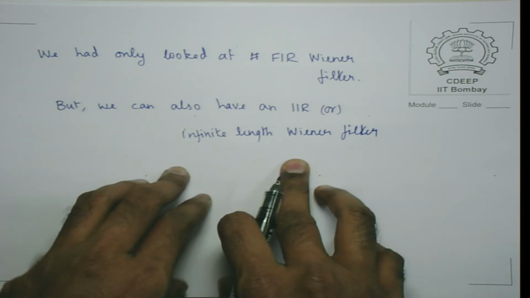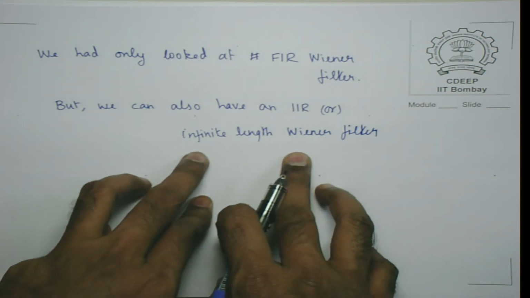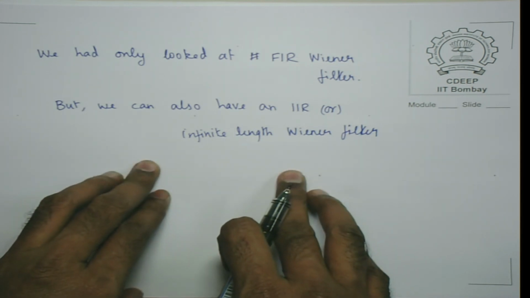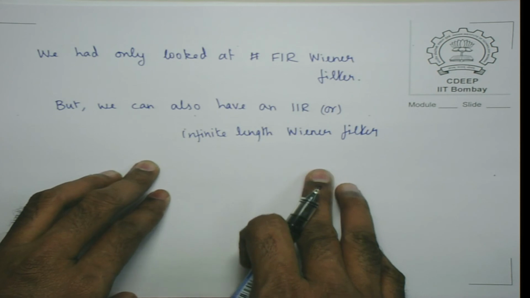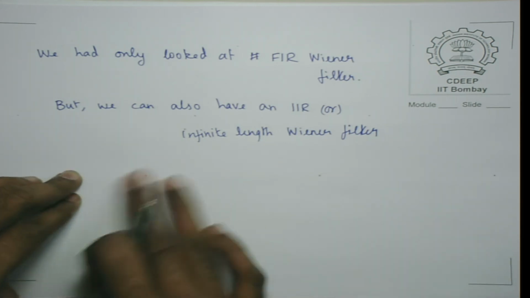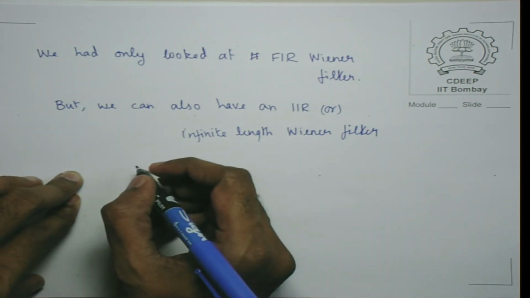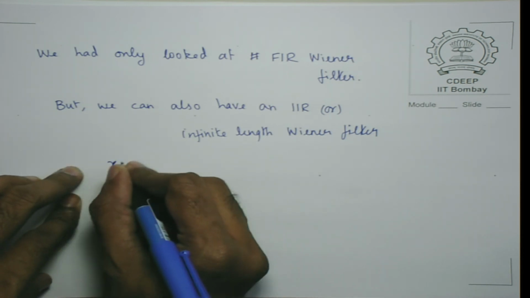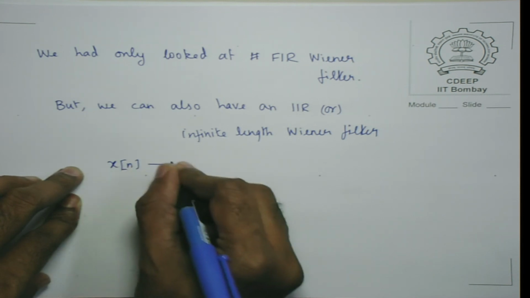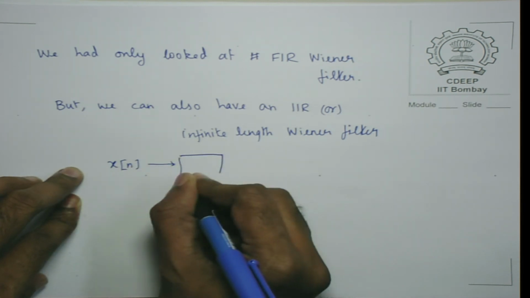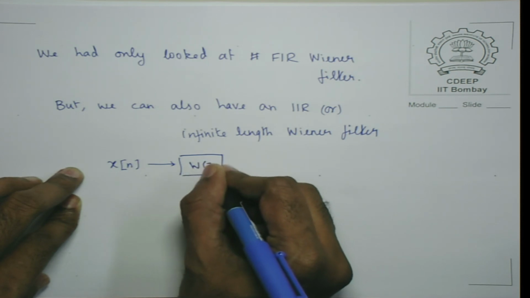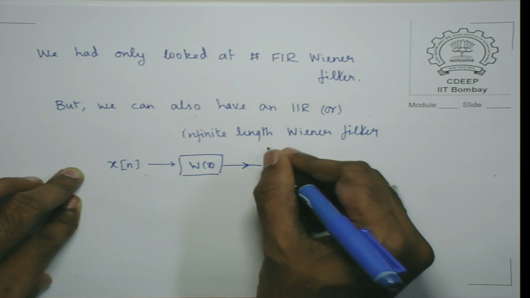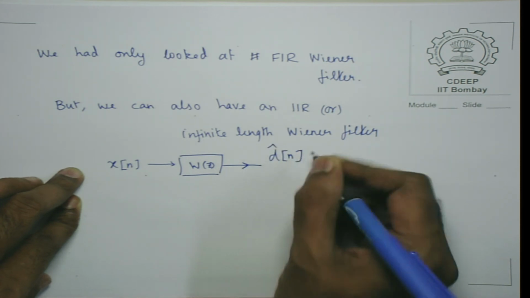So this is saying that we are relaxing the condition: instead of H being a finite length filter, we will have an H which is of infinite length. In this case, if you look at x of n going through a filter, we have our estimated or desired signal d hat of n.